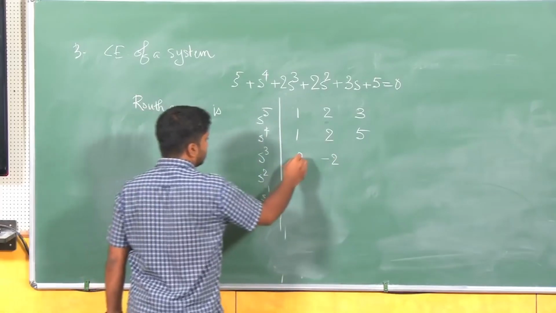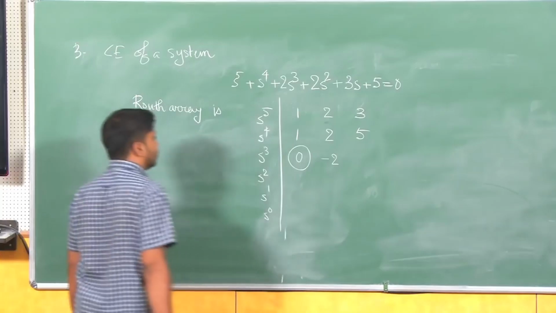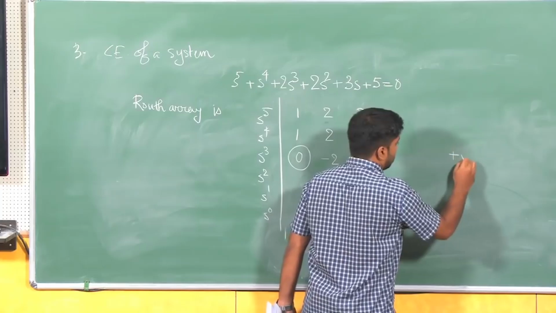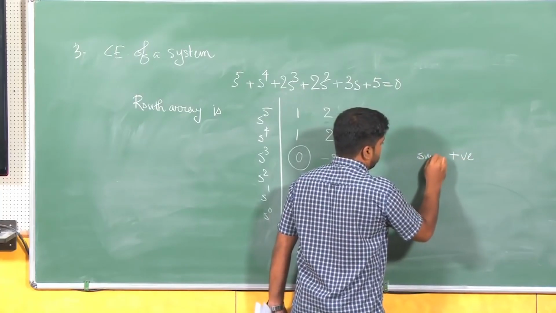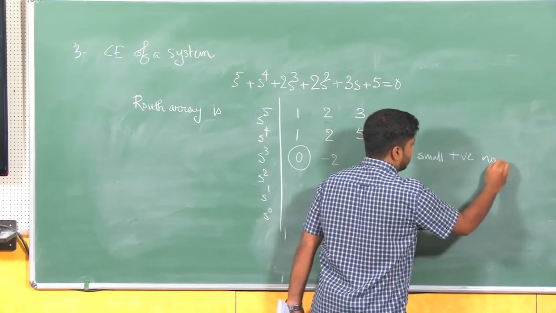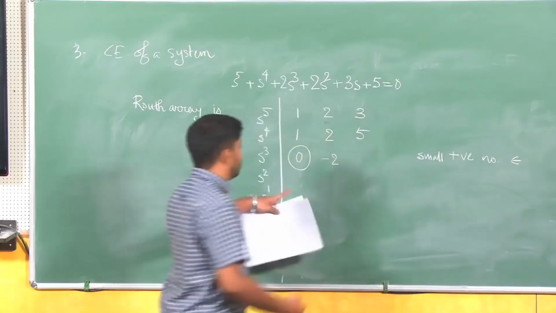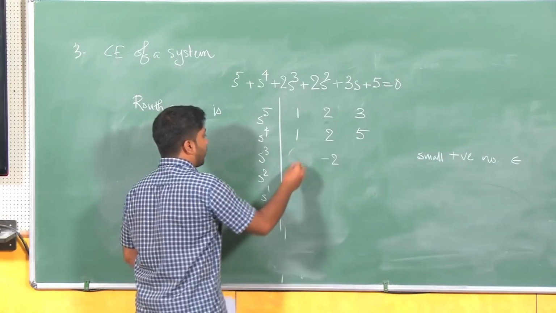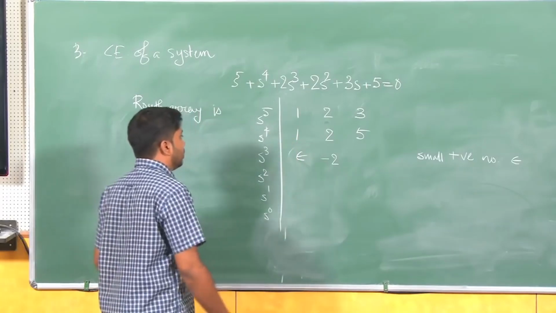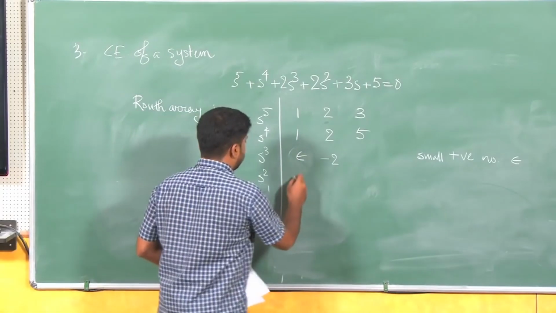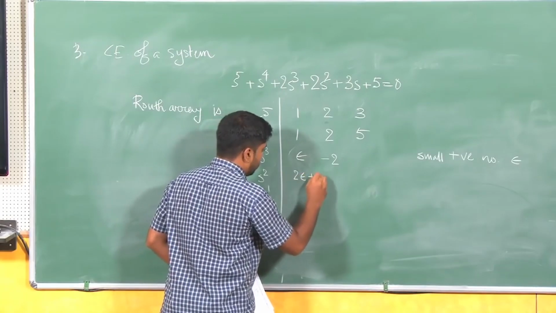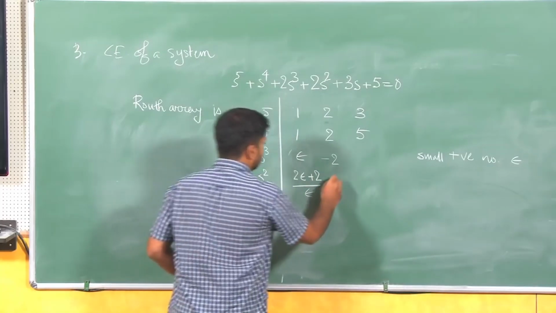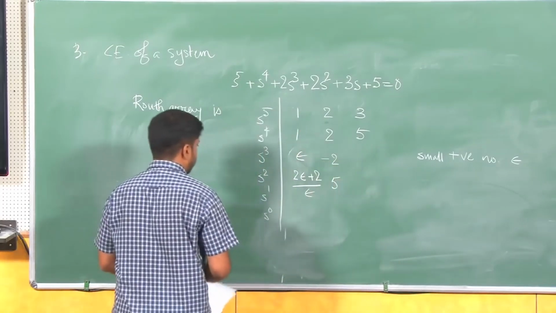So we see that this term is becoming 0. What we learnt is we will replace it by a small positive number epsilon here. So the 0 is replaced by a small positive number epsilon. Now the next term becomes 2 epsilon plus 2 by epsilon, and here we get 5.